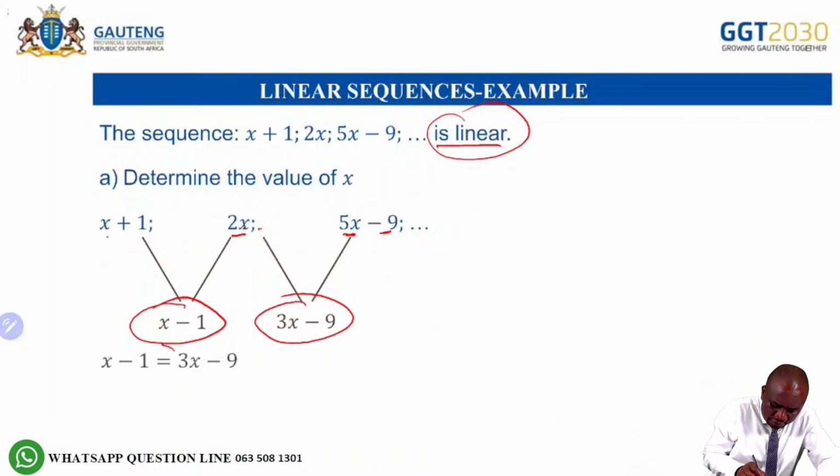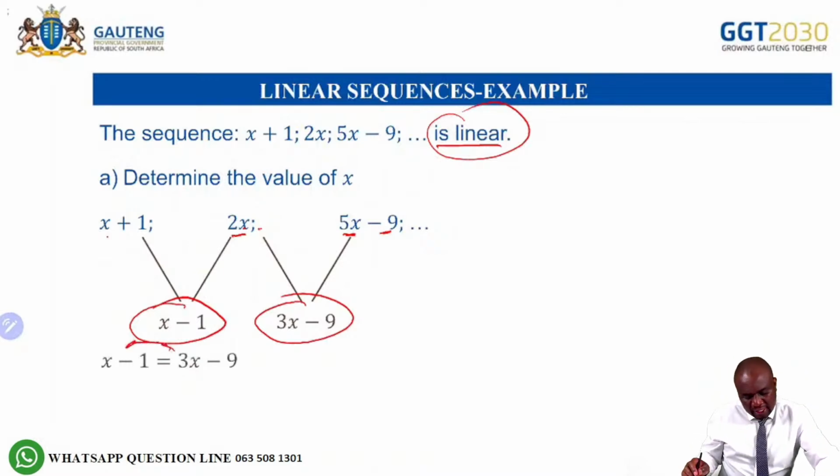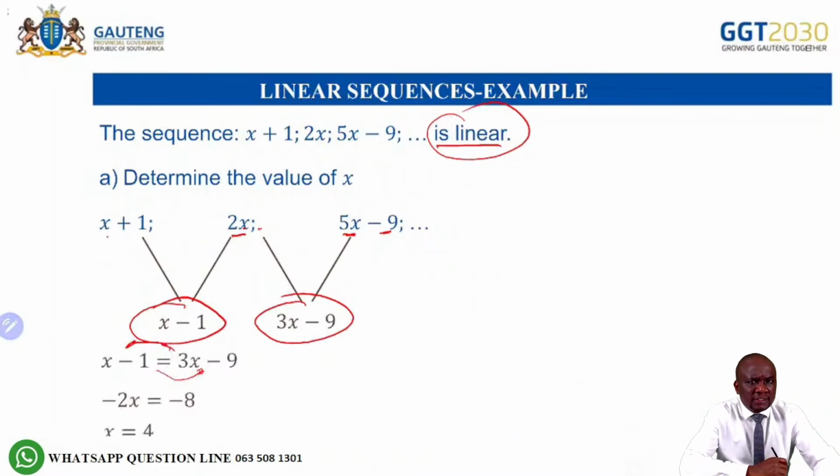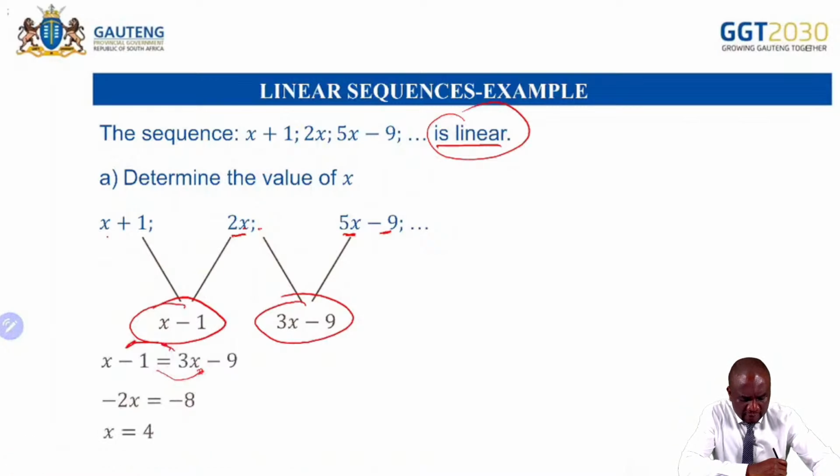So if we transpose, x minus 3x is negative 2x, and then we bring this on this side, negative 9 plus 1 is negative 8. So if negative 2x is equal to negative 8, divide by negative 2 on both sides of the equation, x is equal to 4. Done. Okay, right, let's have 1 minute to write our notes, then we continue after that.